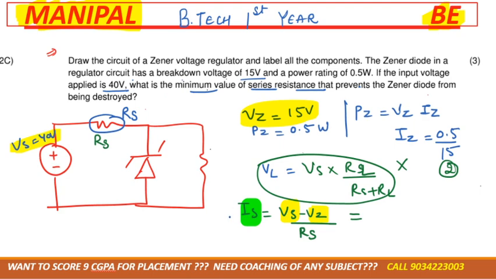Correct? But now we need to calculate Is for Rs. So we know Is is equal to Iz plus IL. So Iz we know, but we don't know about IL also, right? IL we need to calculate.